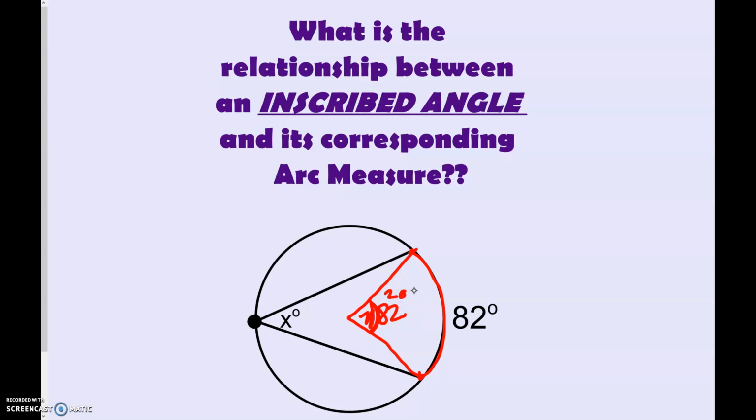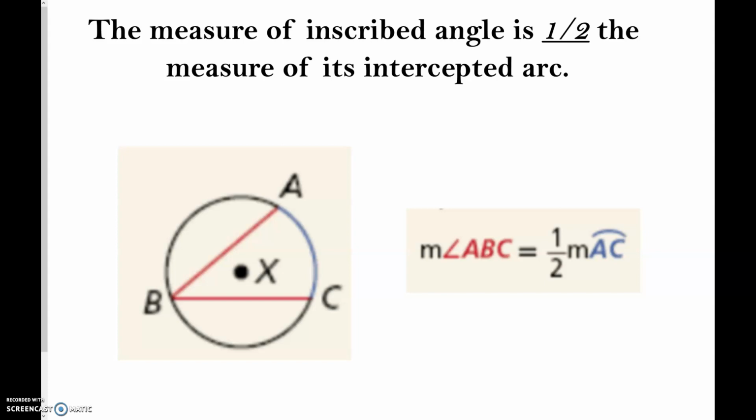But we are not talking about that central angle. We're talking about the inscribed angle, angle X, and that's going to be half of this. So X is going to be 41 degrees. The inscribed angle is half of the intercepted arc.